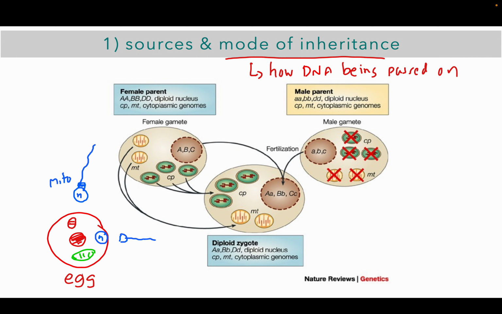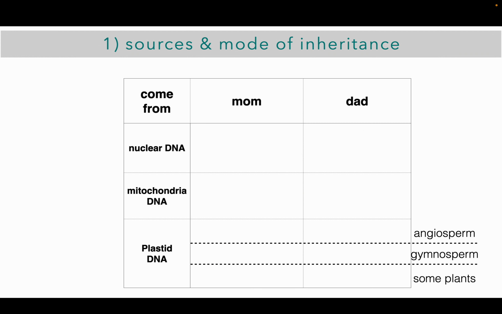So that's why right now in your cells you have your mom's mitochondria. You never have your dad's mitochondria. But you have both mom's and dad's nucleus. So if you think about nuclear DNA, you get it from both mom and dad. Sometimes this is called a biparental marker.